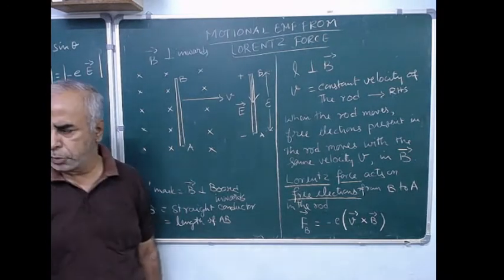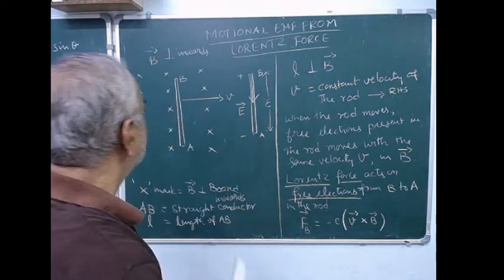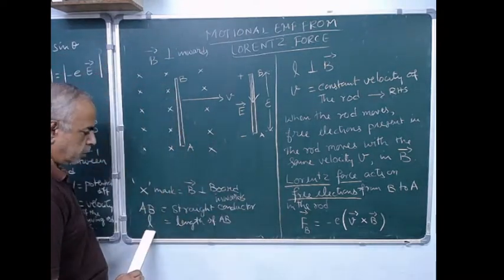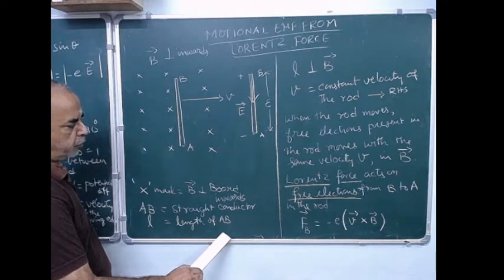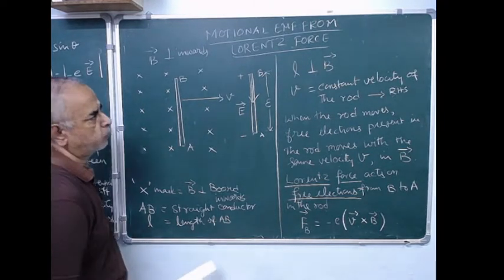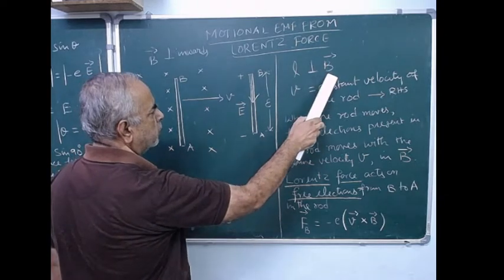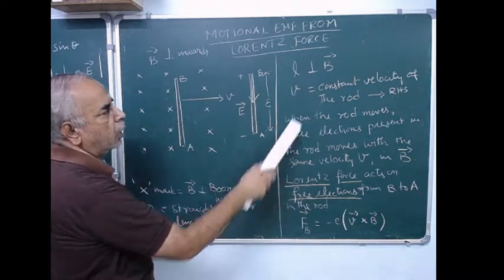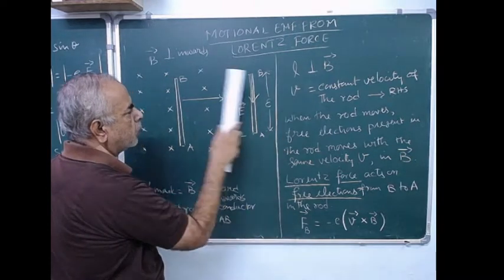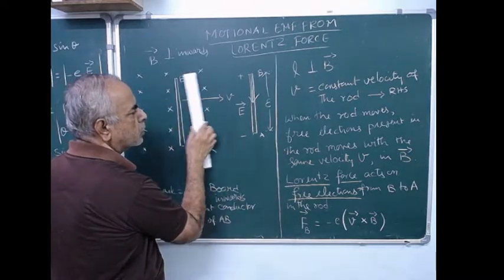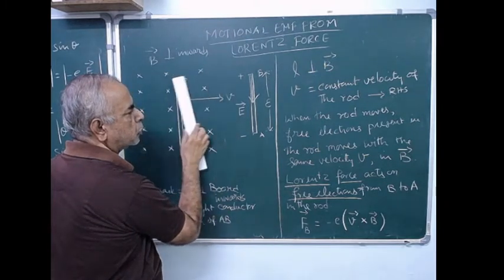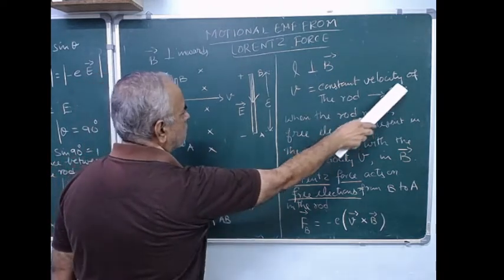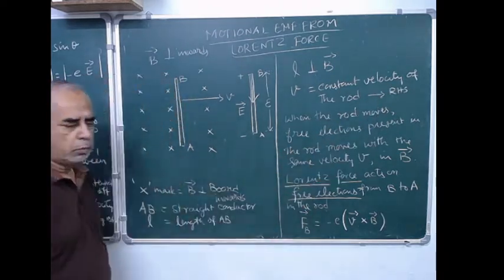AB is the length of the rod, a straight conductor, kept perpendicular to the magnetic field. The velocity is constant, the motion of the rod from left to right.